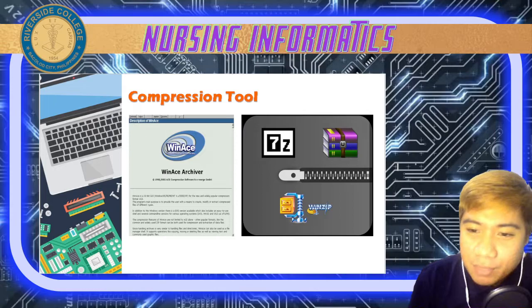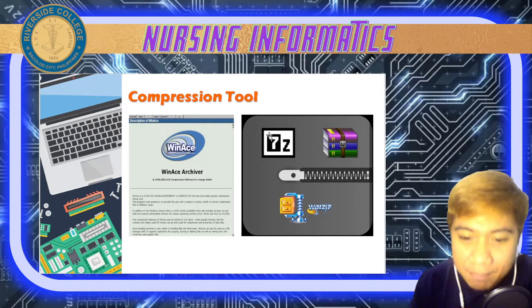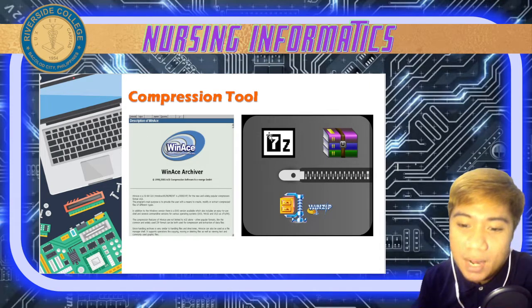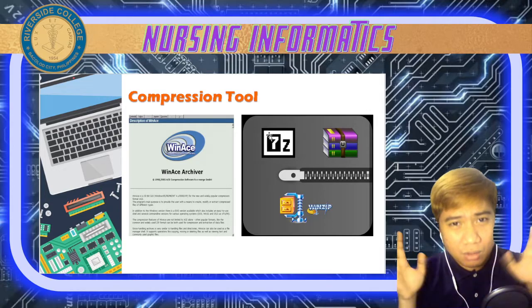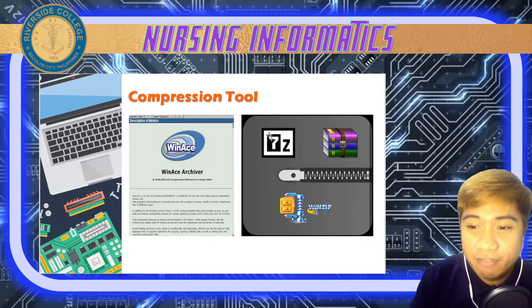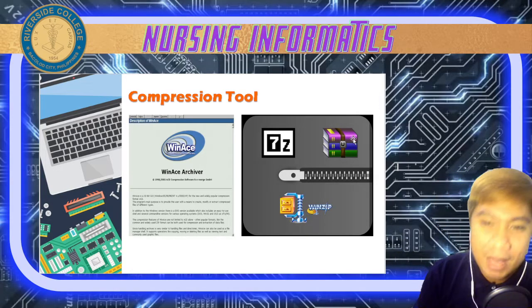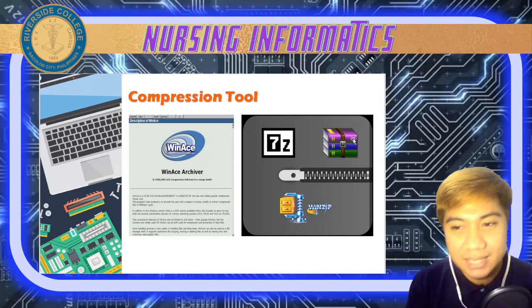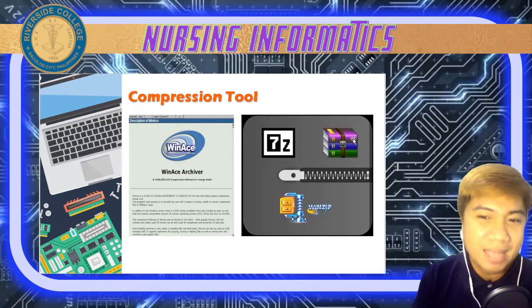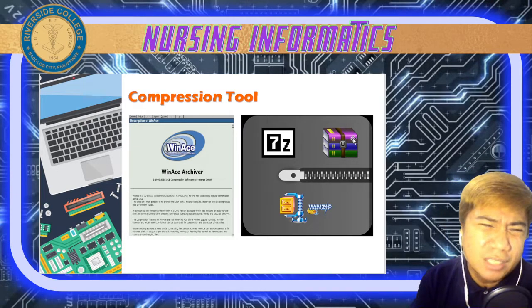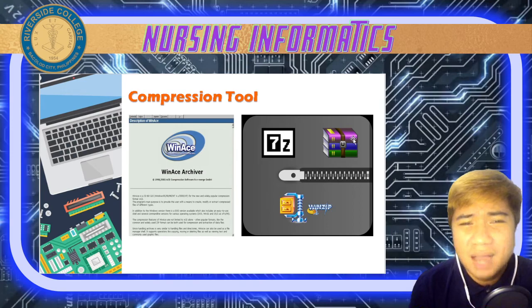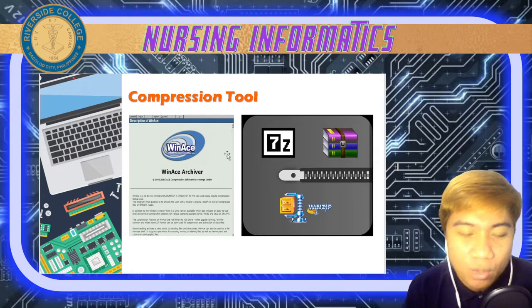We have, for example, your WinAce, your 7-Zip, your WinZip, your WinRAR, and your PKZip. For example, if you have big files, you compress them all into zip files like this one. So, to open them again, we use extraction tools. Sometimes, if you have downloaded zip files with passwords or locks, it is harder to open them.